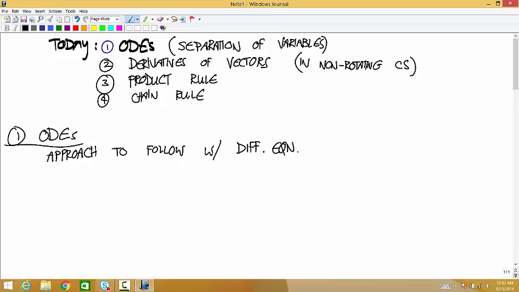I'm going to make you be pretty explicit about it at first. Later on you don't have to write these steps, but I just want you to get into a good habit about how to think about a differential equation when you see it.